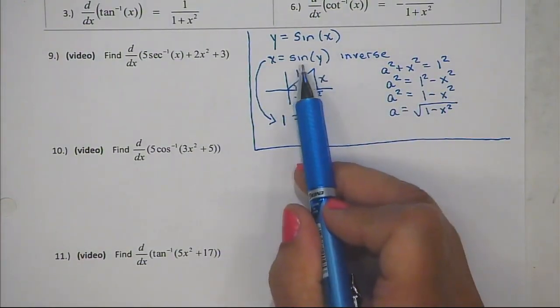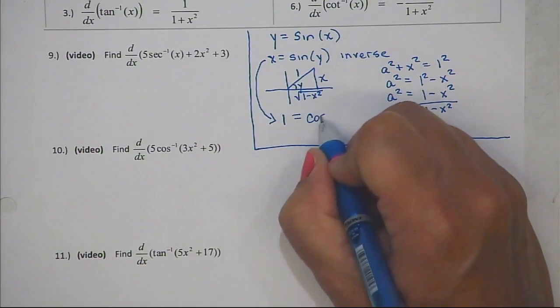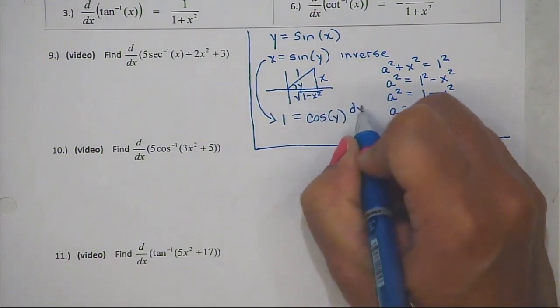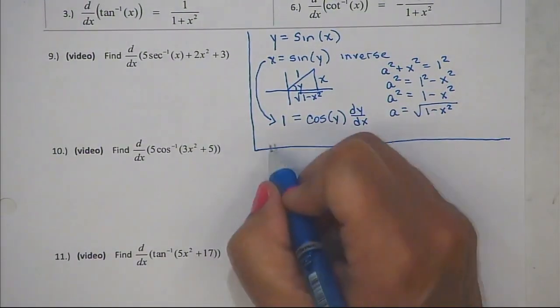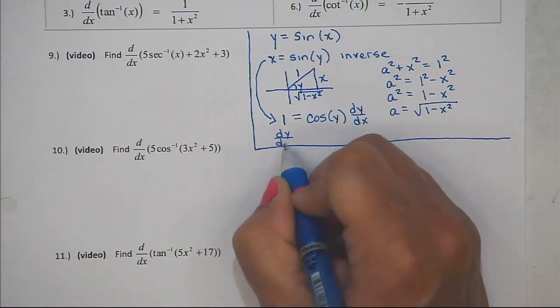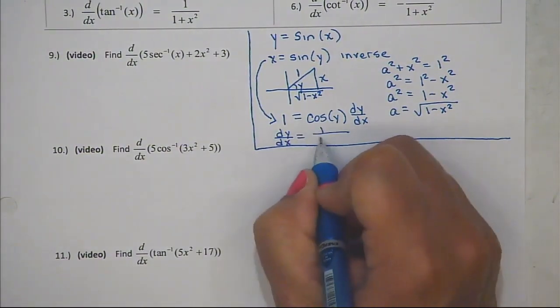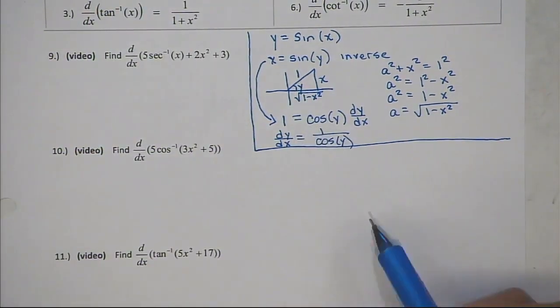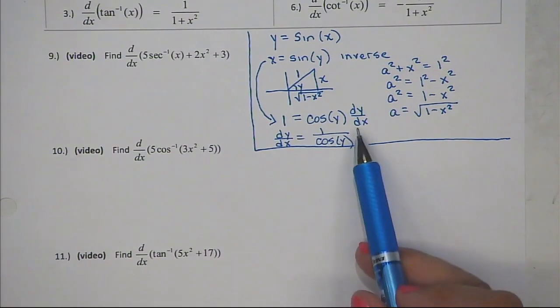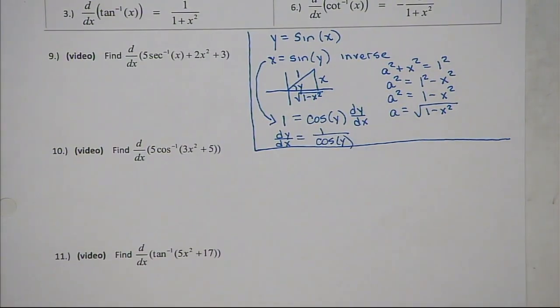Derivative of the sine of y would be the cosine of y, dy dx. That's not an x term. So if I solve for dy dx, it would be 1 over the cosine of y. Divide both sides by the cosine of y. So dy dx is 1 over the cosine of y.